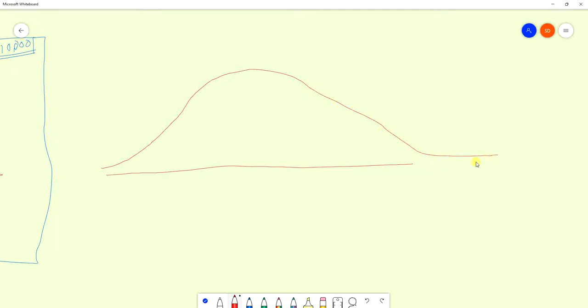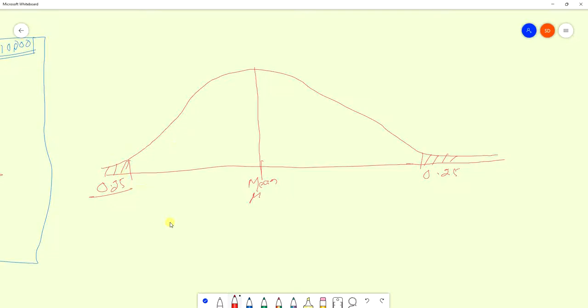Something like this for a normal data set, and this being the mean, which is denoted by mu, right? And we have this side 0.25, this side 0.25, right? And these are the rejection areas, right? Normally we call as, right, in terms of a normality test.